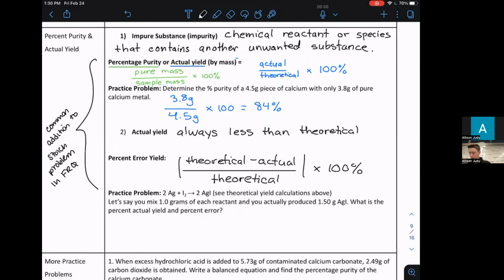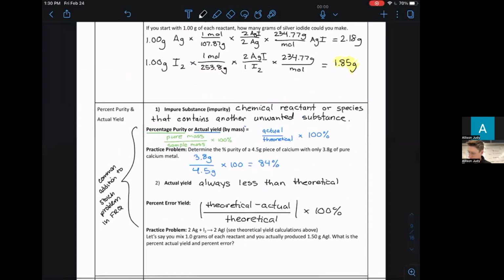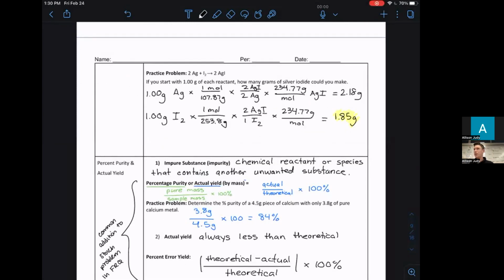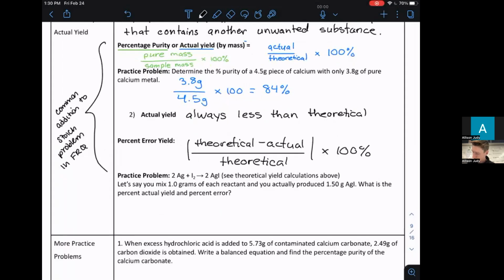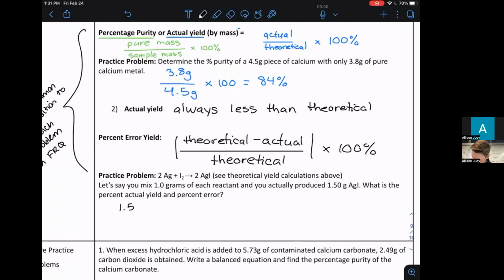So the actual yield is 1.5 grams, and what we calculated above was 1.85 grams. So our percent actual yield is going to be 1.50 grams over 1.85 grams times 100.